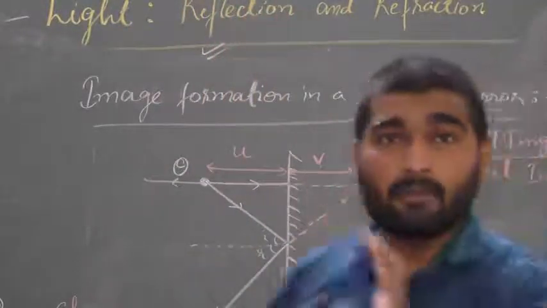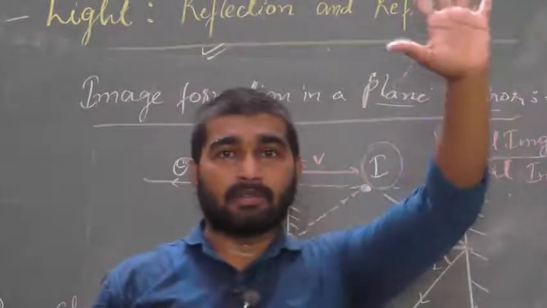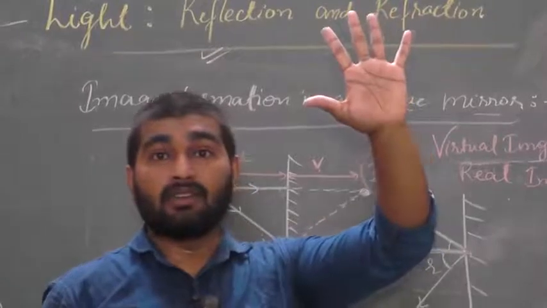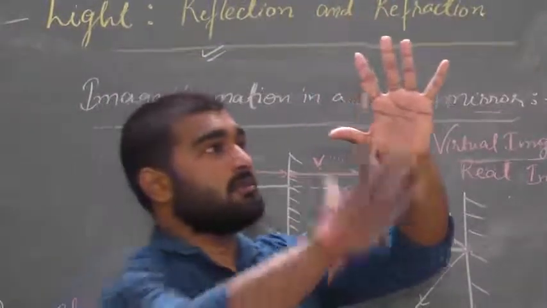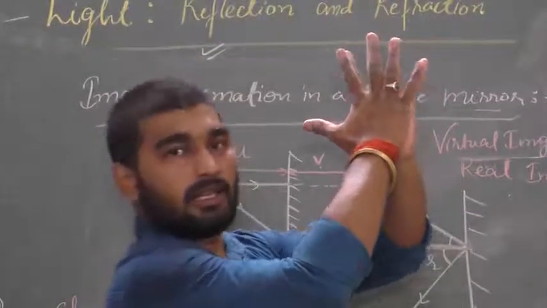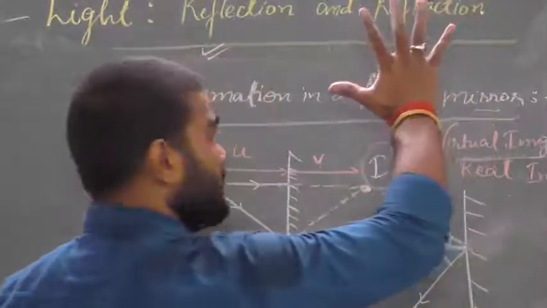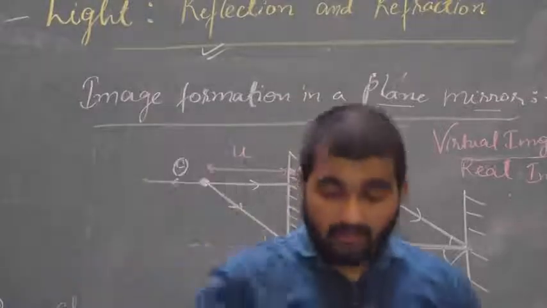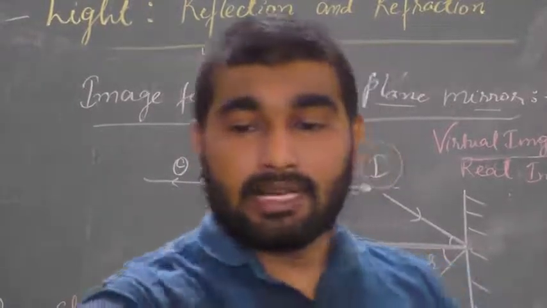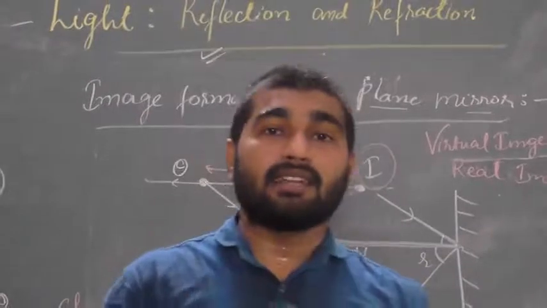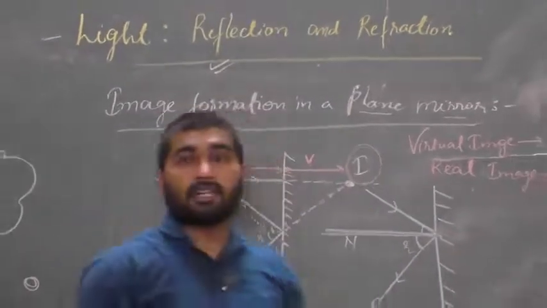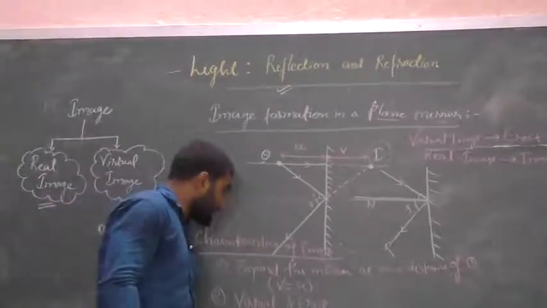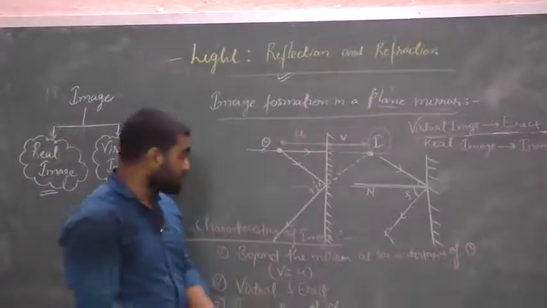And if we raise our left hand in front of the mirror, the image formed will be in this way. So when we see our left body part inside the mirror, it appears right, and when we see the right part of our body, it appears left. This property is called lateral inversion.